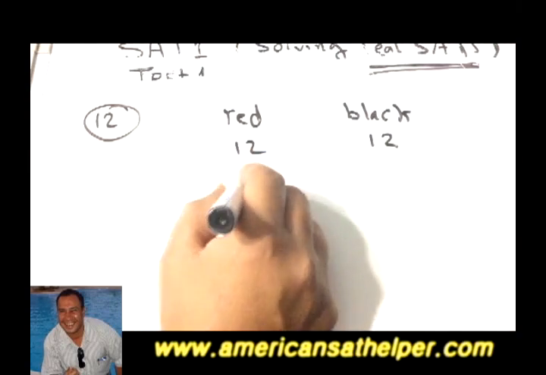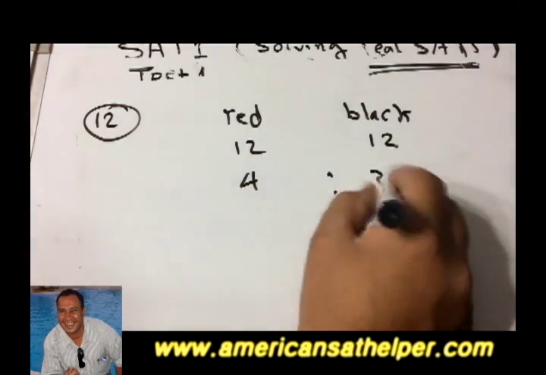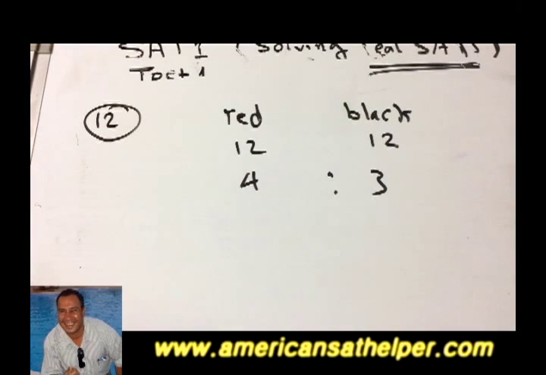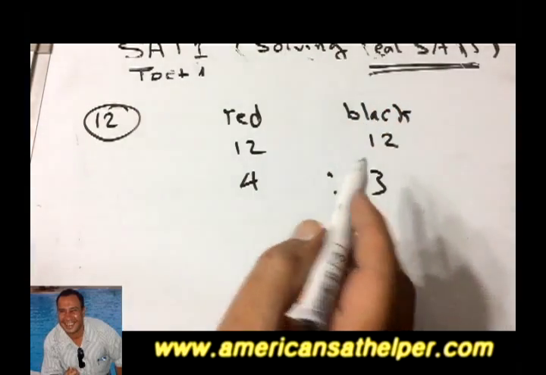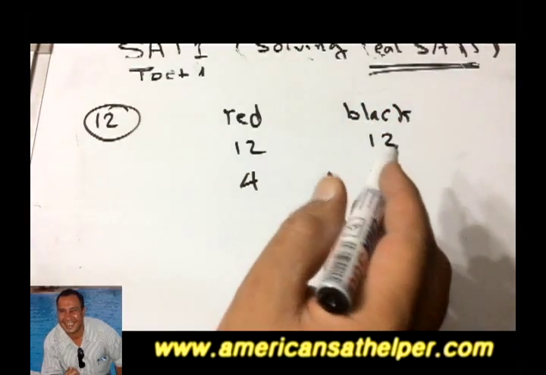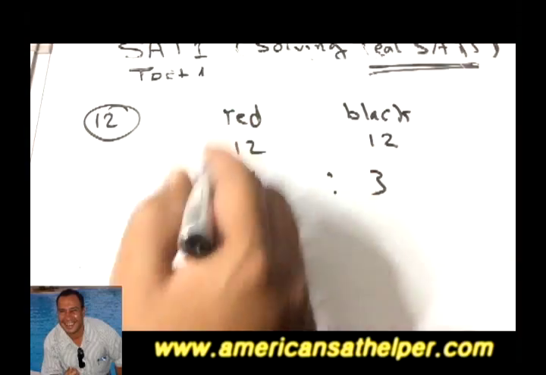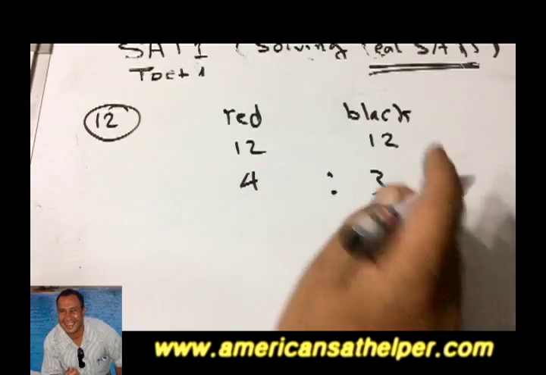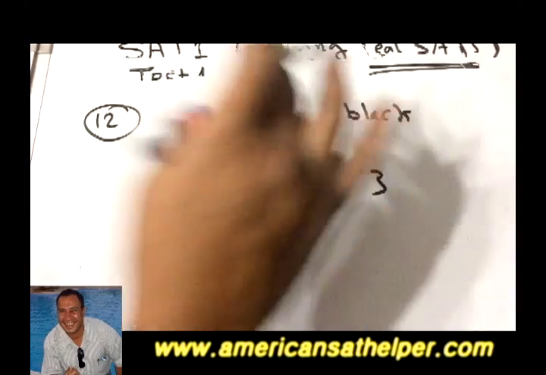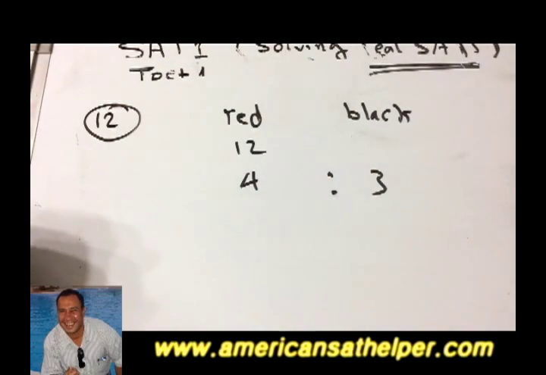The ratio became, after removing, 4:3. It's okay. This means 4:3. Where is the smallest number here, 4 or 3? It's a 3. This means this is no longer 12. It will be less than 12.